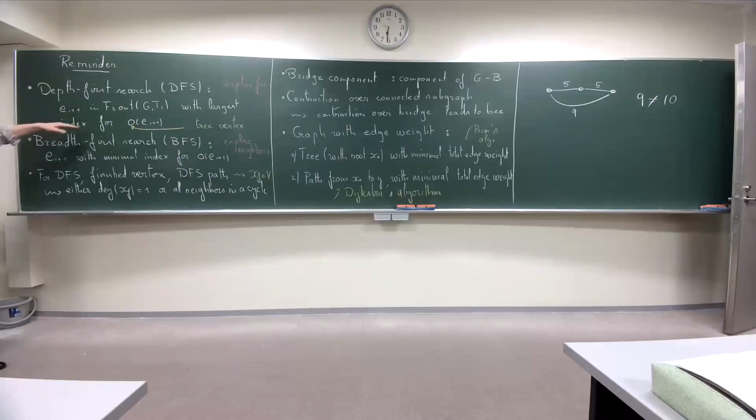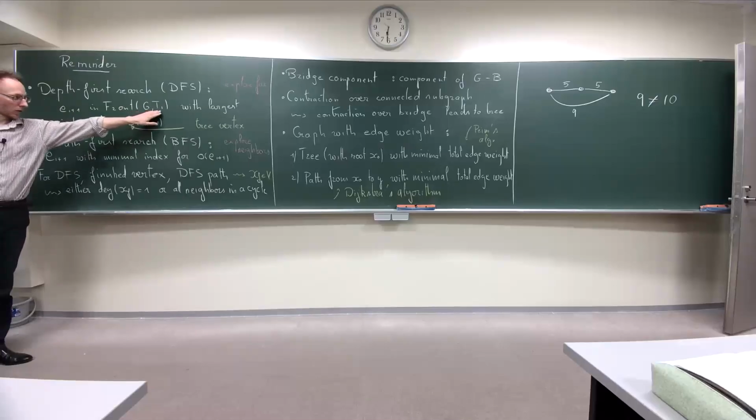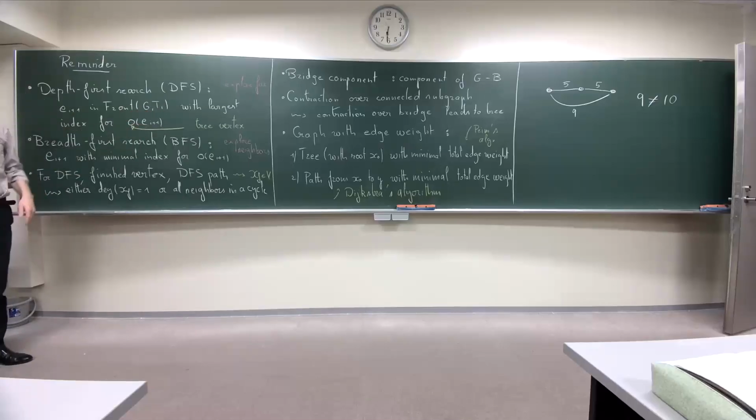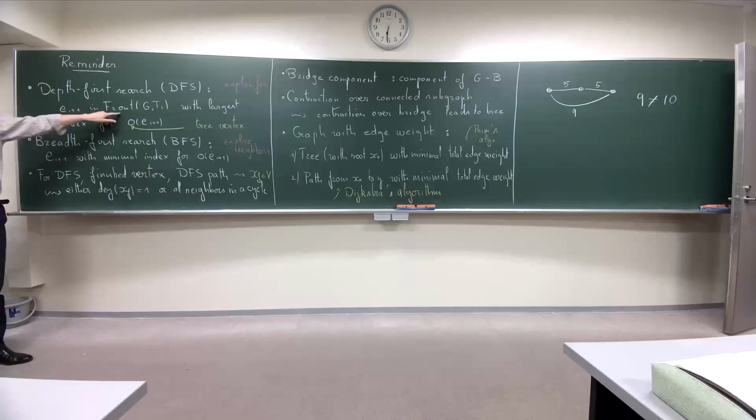When you build the tree, you have a graph, you already have a tree T_i, and you want to find the next edge to take. So you look at all possible edges that you can take, and all these edges in this set, the front of G and T_i, have one vertex on the tree and one outside.